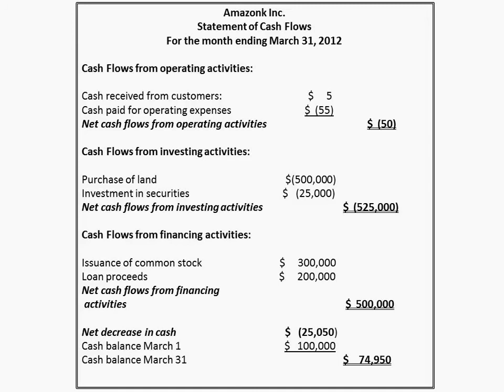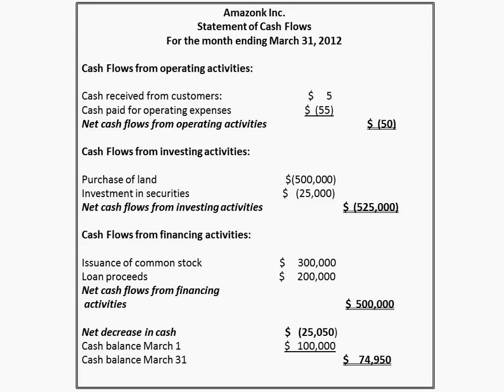We have net cash flows from investing of negative 525. And cash flows from financing, issuance of common stock, loan proceeds, gives you net cash flows from financing of $500,000. So our net decrease in cash is negative $25,050. If our cash balance on March 1st was $100,000, then our cash balance on March 31st would be $74,950.